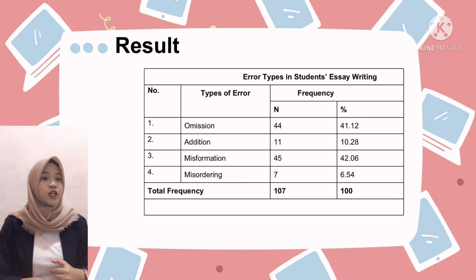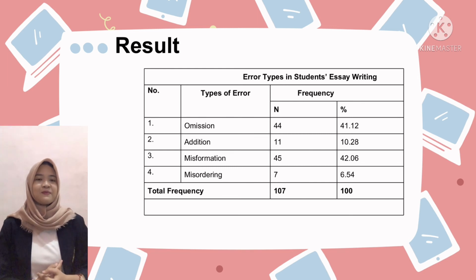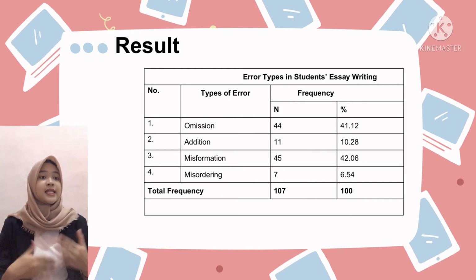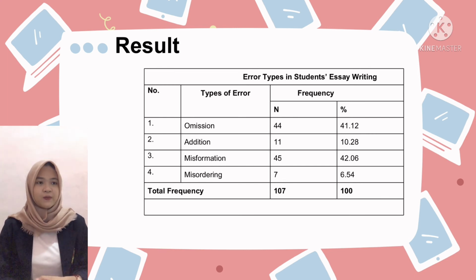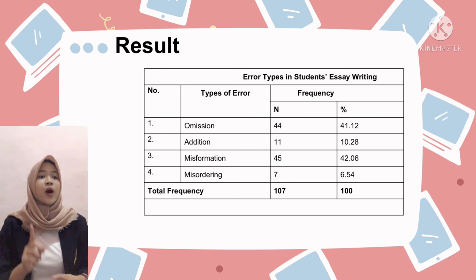Those are omission, addition, misformation, and misordering. Each type of error was calculated for its frequency until the result of its total number and percentage of error was obtained. From the table, we know that there are 107 errors in all of the error types of students' essay writing.